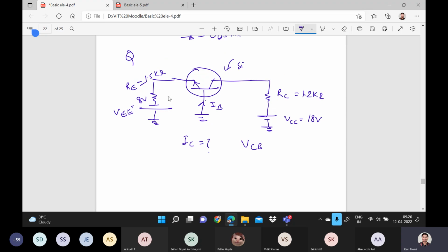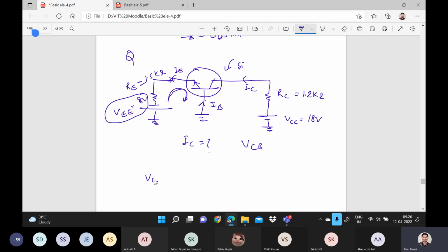Now you see how we will find it. We will apply a loop here. Okay. This is IB, so here the current will be IE, and here this will be IC, right? So if I apply the loop here, this is VEE, right?